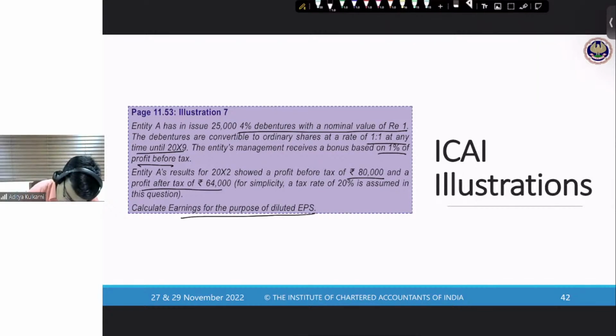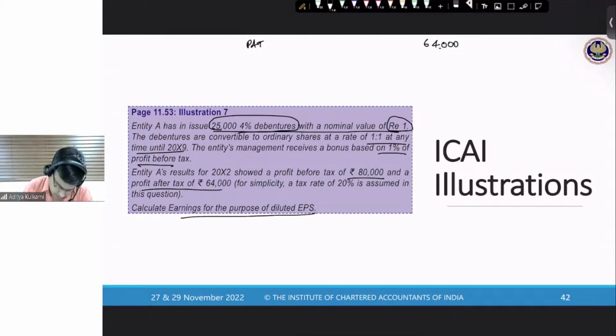We always start with profit after tax, 64,000. Now it has 25,000 4% debentures with a nominal value of rupee 1.